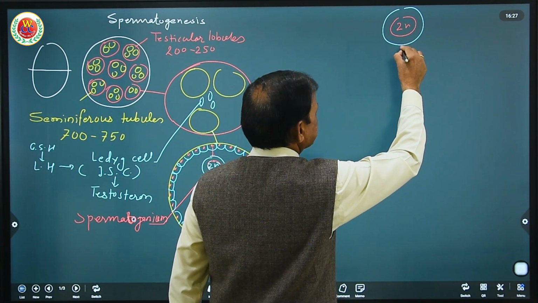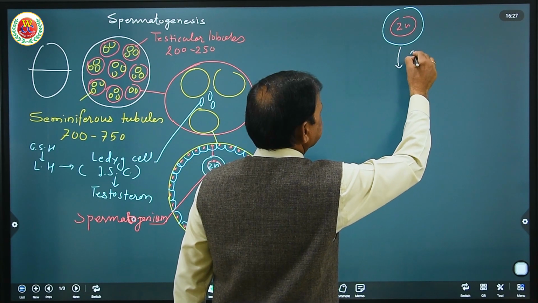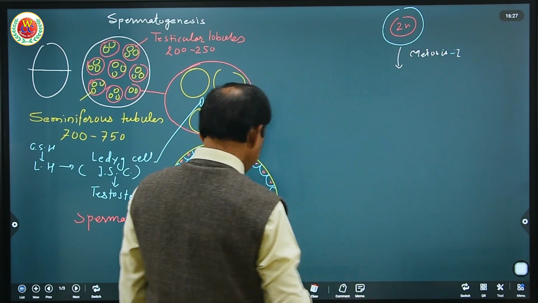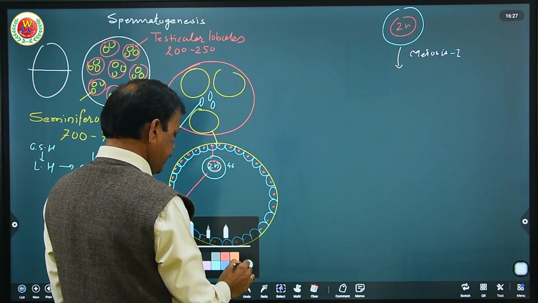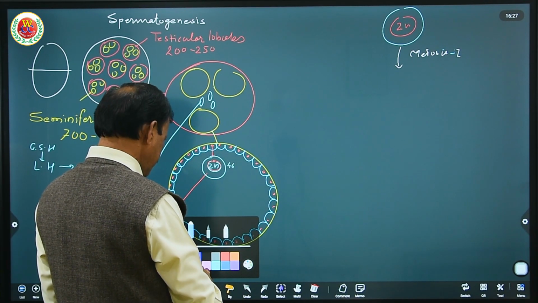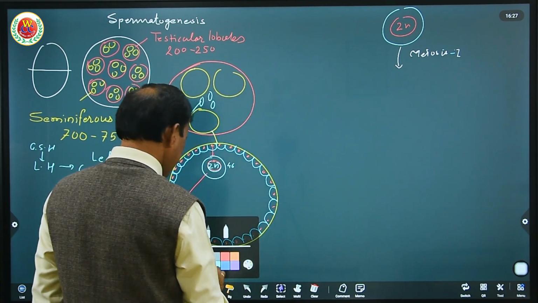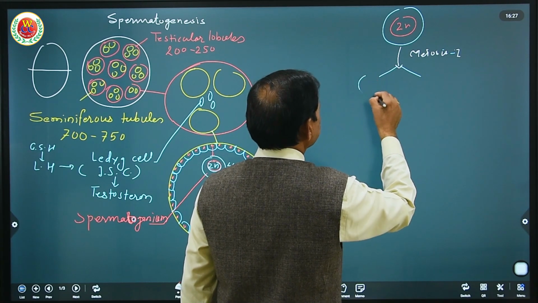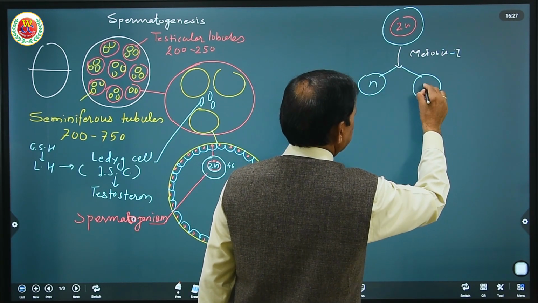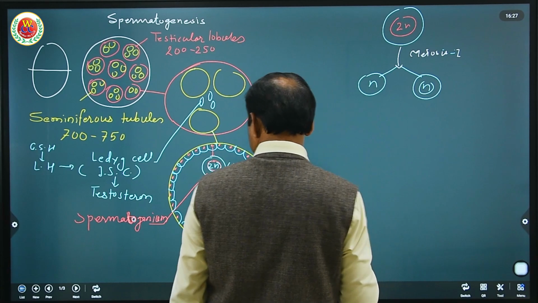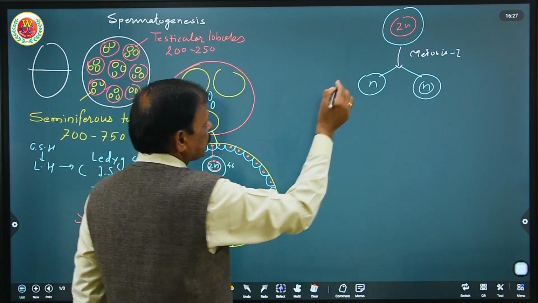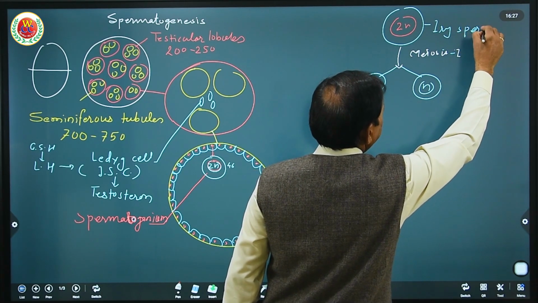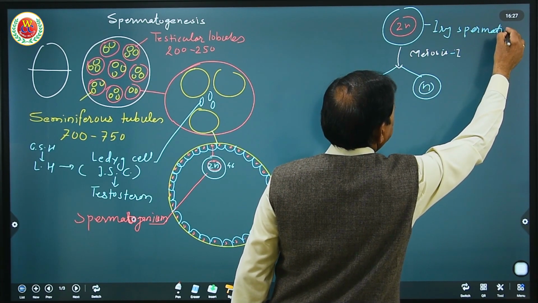In spermatogenesis, first comes meiosis 1. In meiosis 1, it produces 2 cells with a haploid number of chromosomes. When the spermatogonium undergoes growth, it becomes a primary spermatocyte.